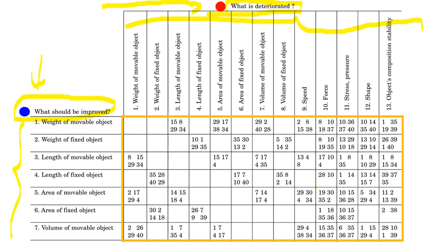Let's say we want to improve parameter 5, but then parameter 9 will become worse. Then TRIZ suggests these 4 principles to solve your problem. So you want to improve the area of a movable object, but the speed becomes worse. TRIZ says try these principles: 29, 30, 4, and 34.